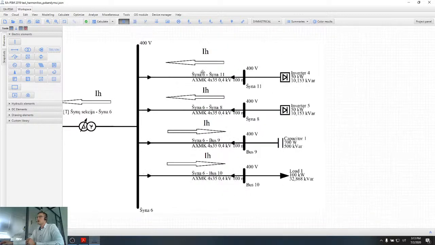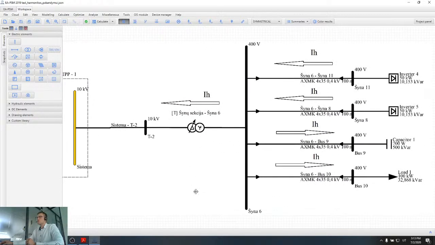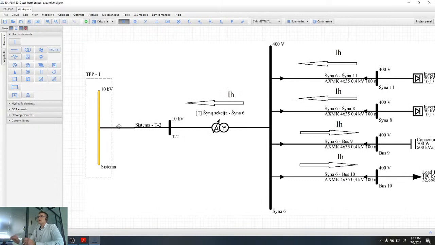However, our cables, the transformer, as well as the network, have impedance, and impedance creates a voltage drop. When current is flowing through impedance, of course we have a voltage drop. So if a higher frequency current flows through the impedance, this also creates a higher frequency voltage drop, and that higher frequency voltage drop is considered voltage harmonics.